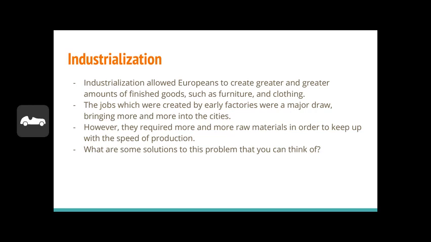Before this period in history, most goods were produced by hand by artisans and craftsmen who took many years to train and become better and better at their craft. However, as industrialization ramped up, many of these goods became easier and easier to mass produce through machines.